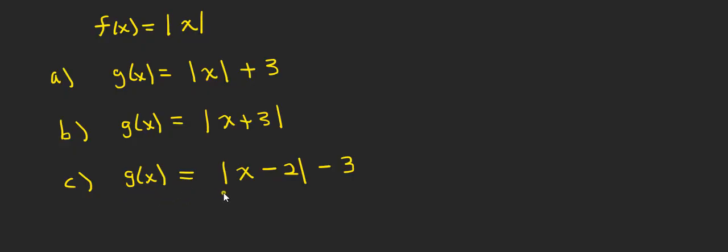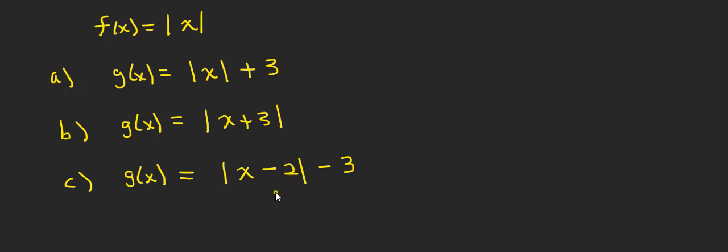What about g of x equals absolute value of x minus 2, minus 3? There's going to be a vertical and horizontal shift. First, it's going to move to the right 2, because it's x minus 2 and h is positive. Now the k is negative.